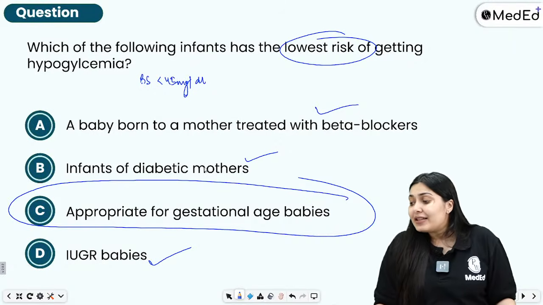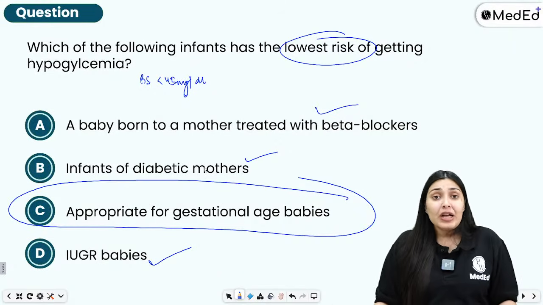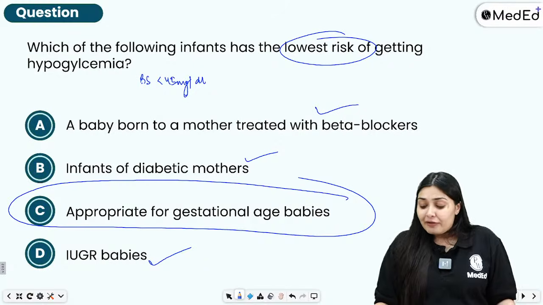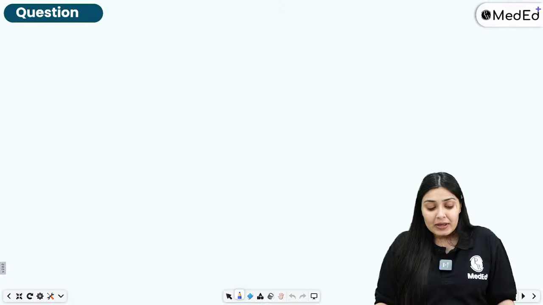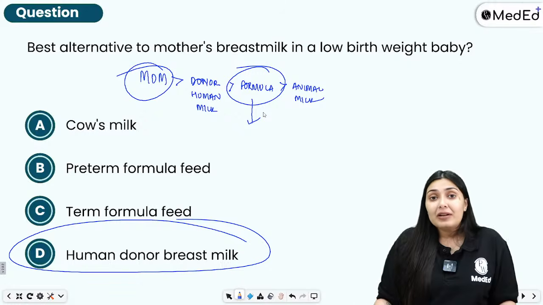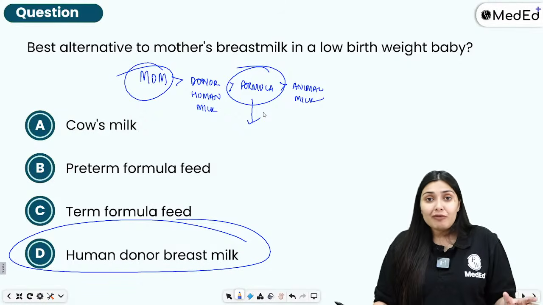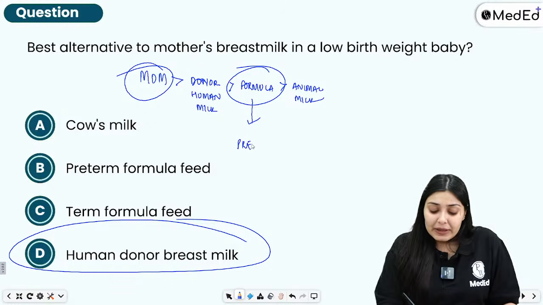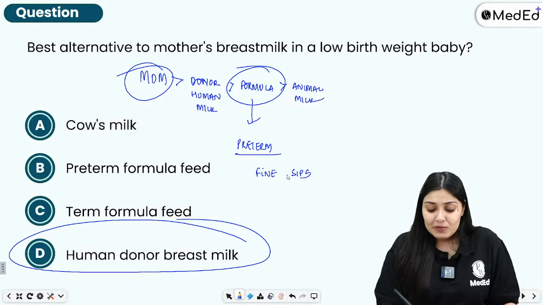Raju is asking the difference between term and preterm formula. So in formula milk, broadly remember in preterm formulas, the concentration of sugar would be higher, right? We usually say that preterm mother's milk has some things extra that can be remembered by the mnemonic FINE SIPS.